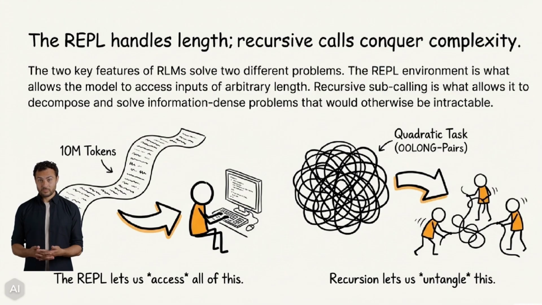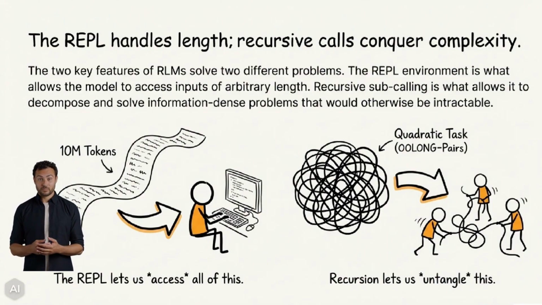Two core features of RLMs solve two very different challenges: length and complexity. First, the REPL environment is what makes long inputs practical. Instead of forcing everything into a single context window, the model can interactively access information as needed, even at massive scales like millions of tokens. Second, recursive subcalling is what makes dense, messy problems tractable.